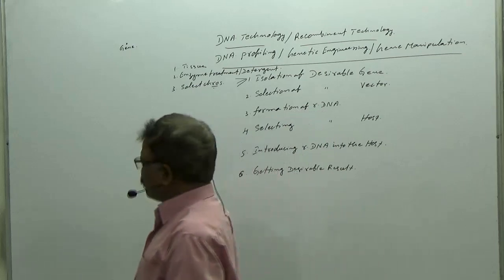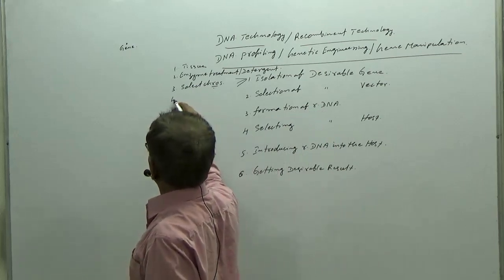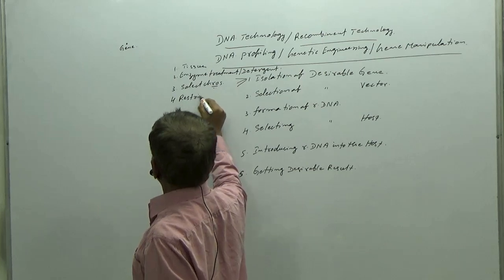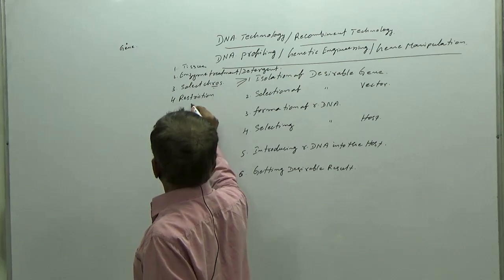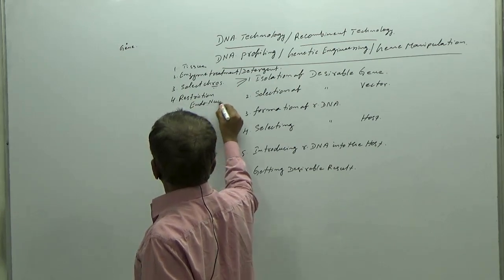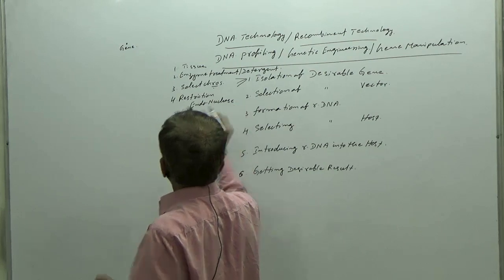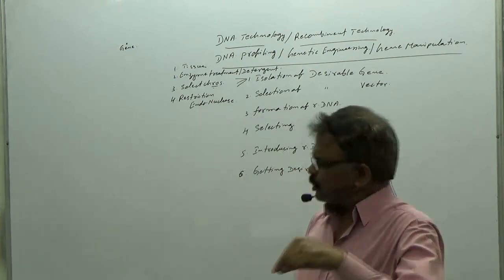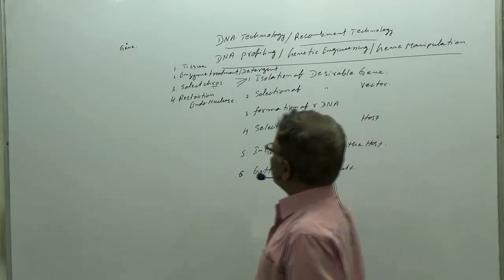After selecting the chromosomes, they apply restriction endonuclease, REN.